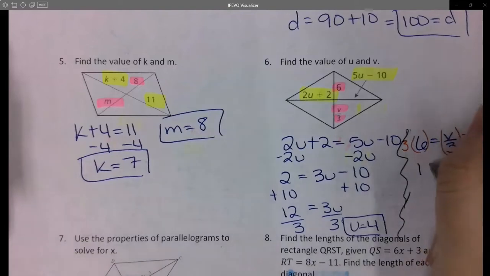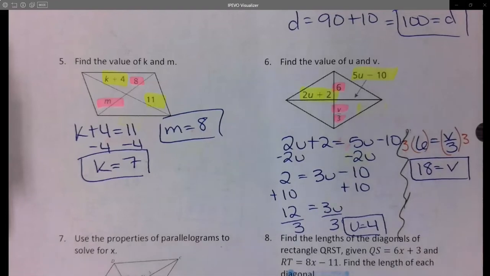So that's going to get me 18 on the left and v alone on the right. Questions here?